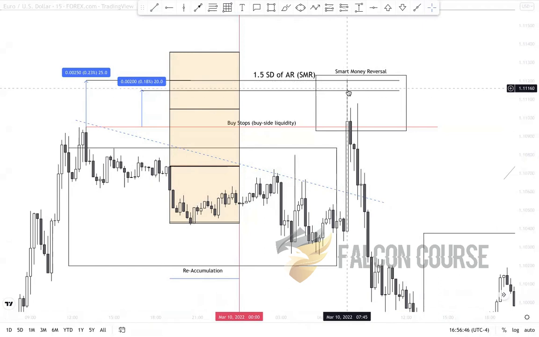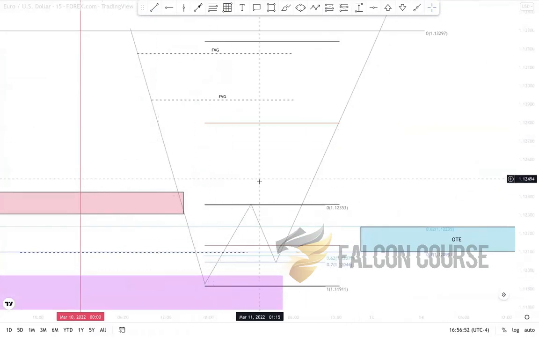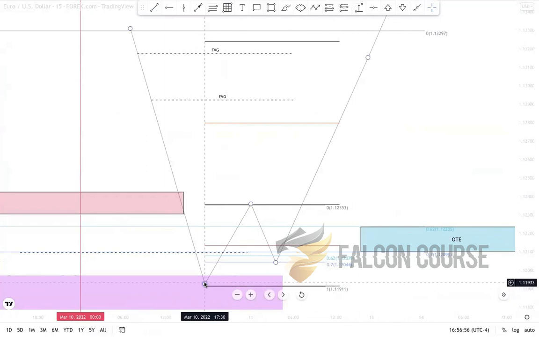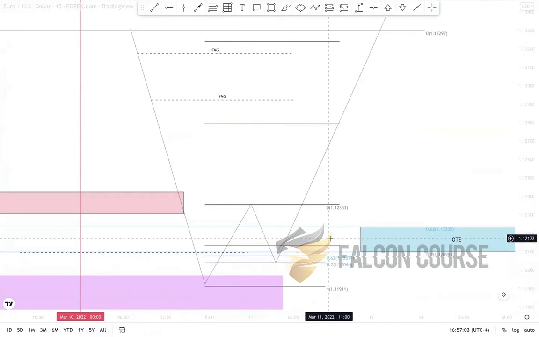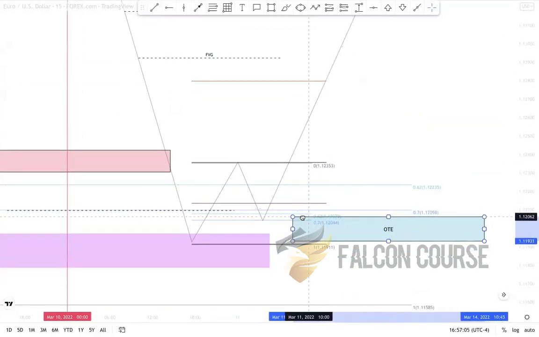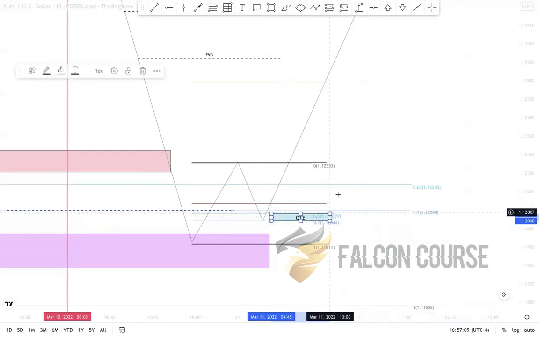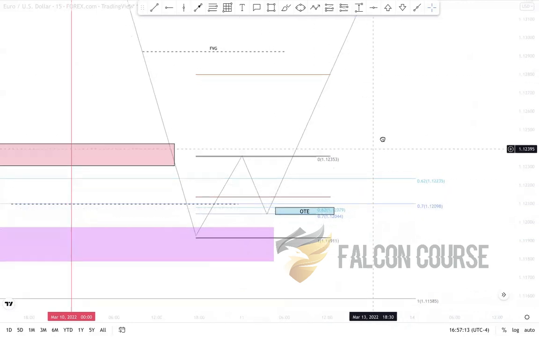Once it sweeps it with such an impulsive move, that's when this no break of structure entry could happen. As I said, you need an impulsive move in the market. You will see a pullback, then a retracement, and ta-da, this is what happens. The market arrives to optimal trade entry, you take the trade.